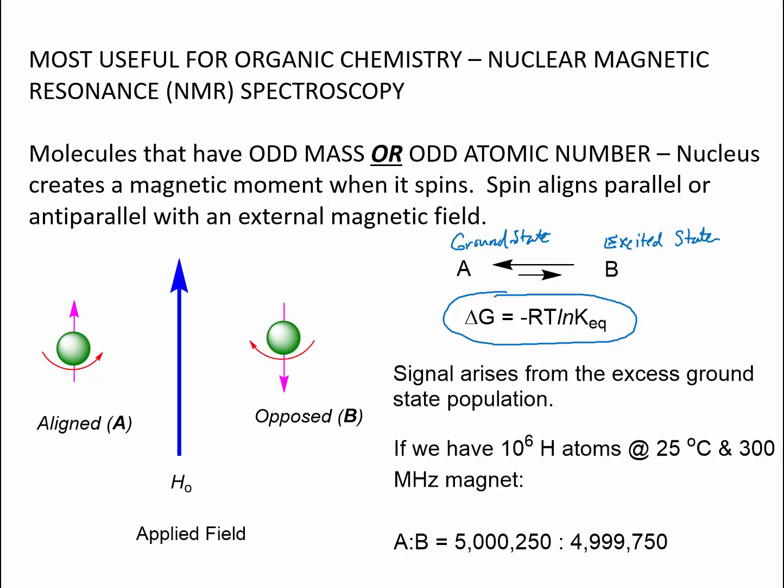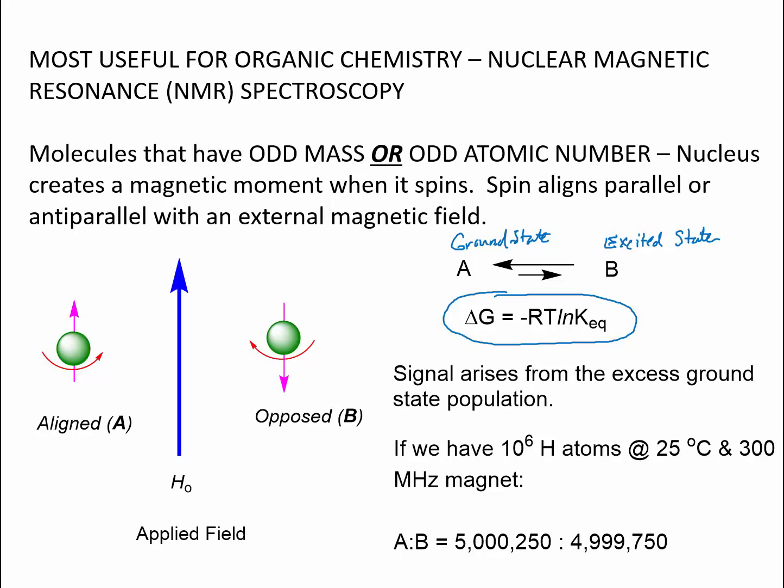The energy difference here is actually quite puny. So if we have 1 million atoms at 25 degrees, and we're going to say our magnets are the size of 300 megahertz. I know you're probably wondering, magnets aren't measured in megahertz, that's a frequency unit, but we'll talk about that in a second.